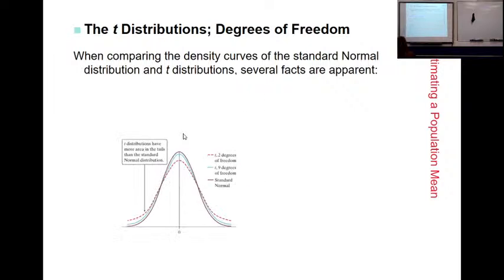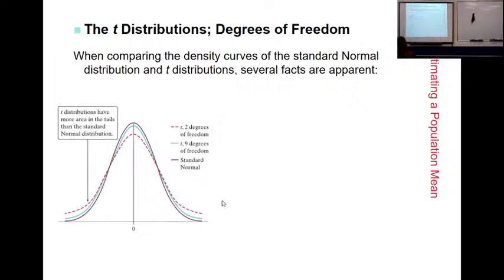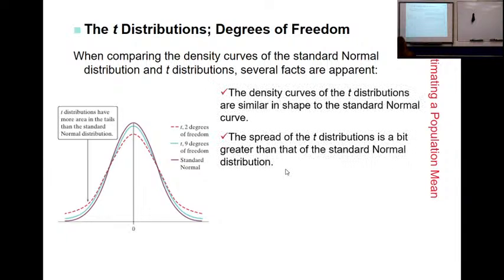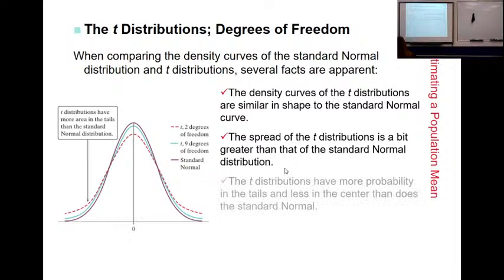So here is a t-distribution with a sample size of 2. Here's a t-distribution with a sample size of 9. Here's what the normal distribution looks like. So it's very close to a normal distribution, but not quite. It's similar to the standard normal distribution, but with more probability in the tails and less in the center.